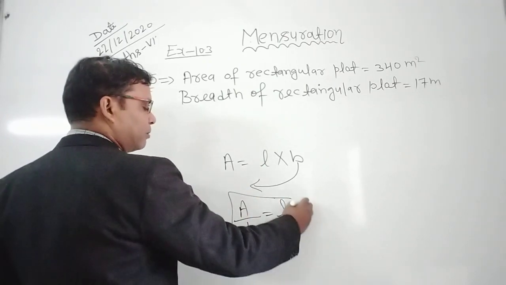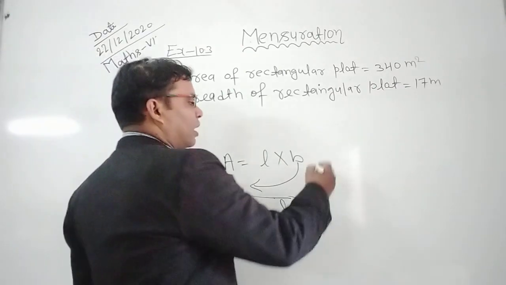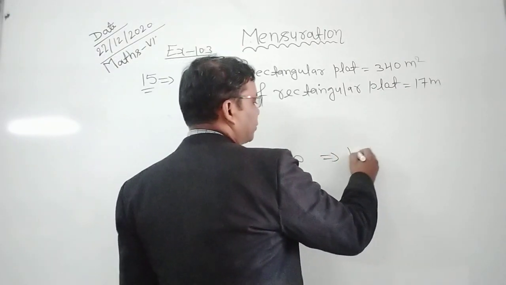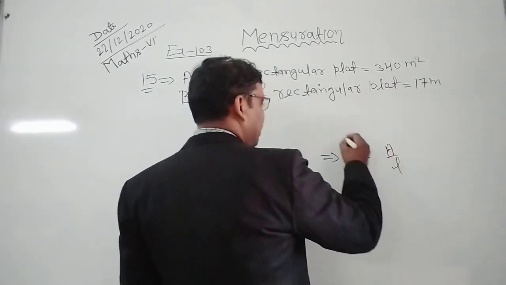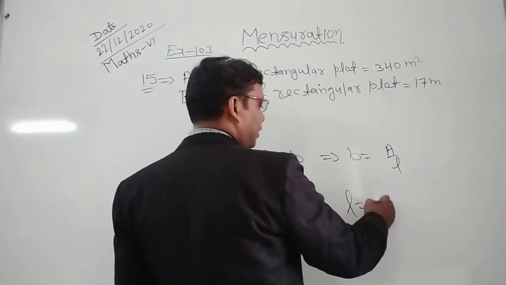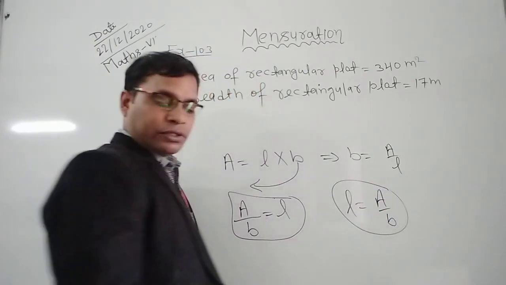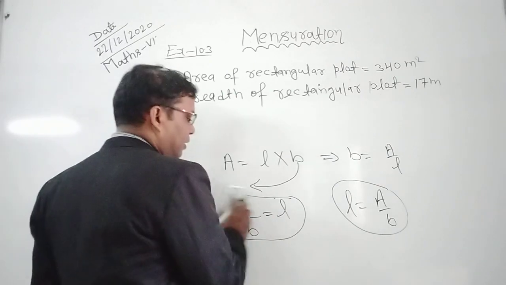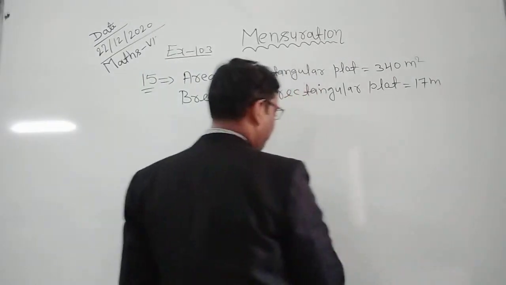It means this is the formula we use to find the length if area and breadth are given. Also you can write breadth is equal to area by length. Here you find the length, so you write area by breadth. This is clear. So let's see how we find the length of the rectangular plot.